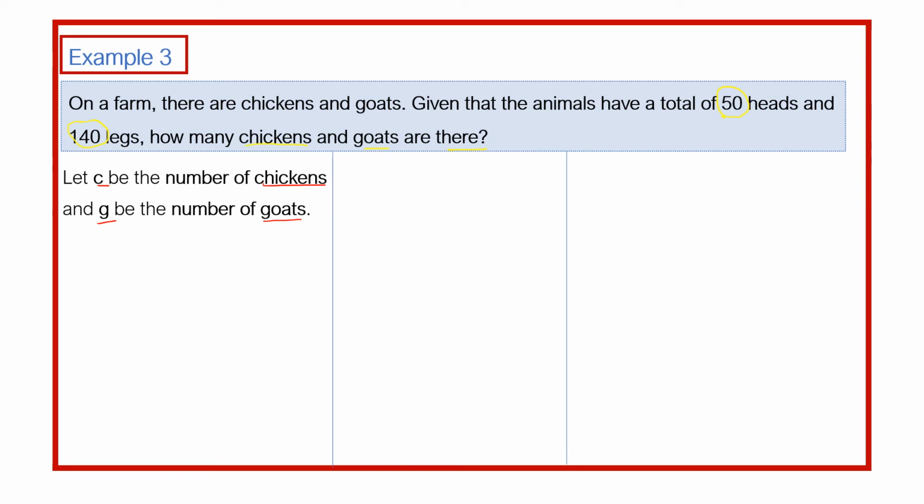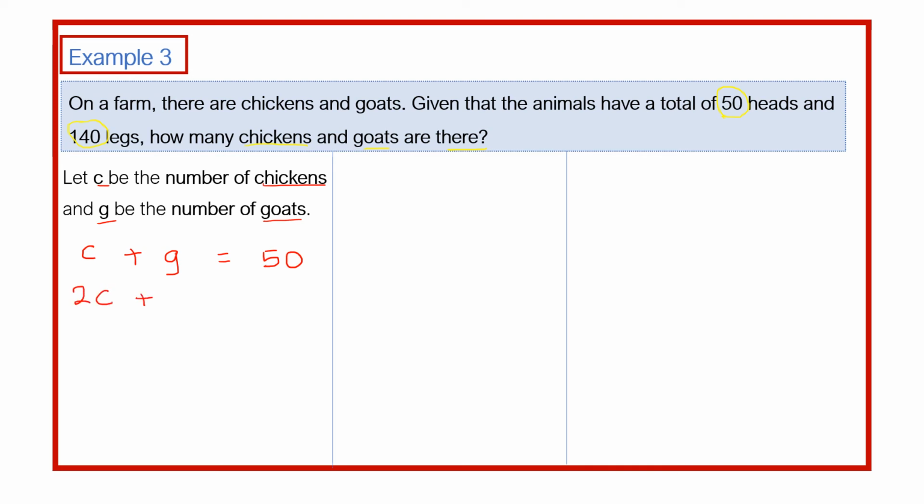If we have got chicken plus goats, we will have 50 heads, since a chicken has got 1 head and a goat has got 1 head. But remember, a chicken has 2 legs, so we will say 2C.